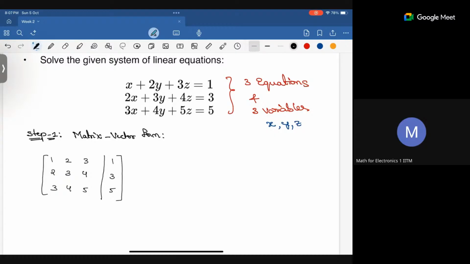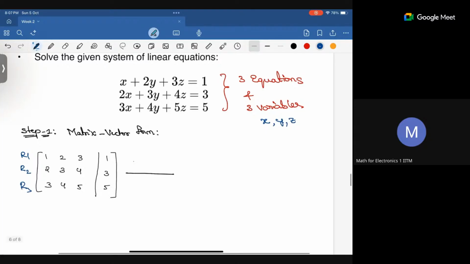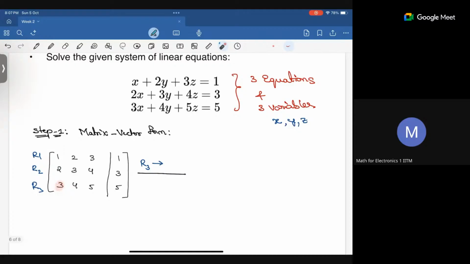So this is row 1, this is row 2, this is row 3. So I have to modify row 3. What row operation should I do so that this 3 will become 0?